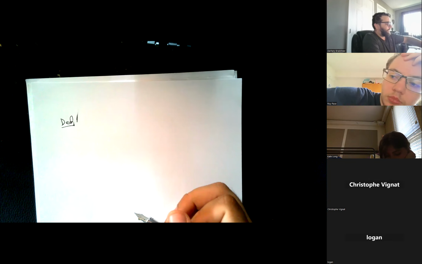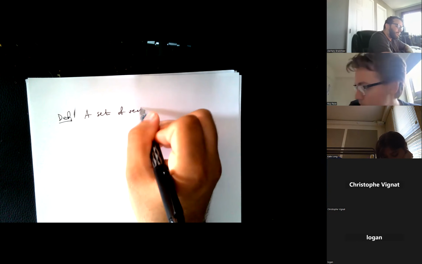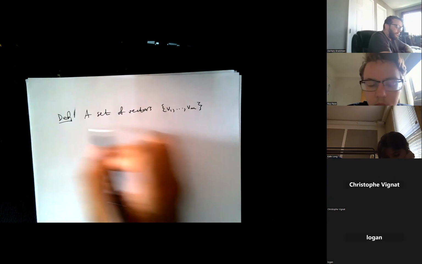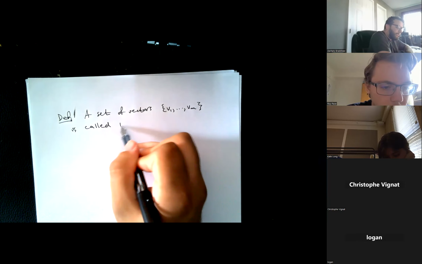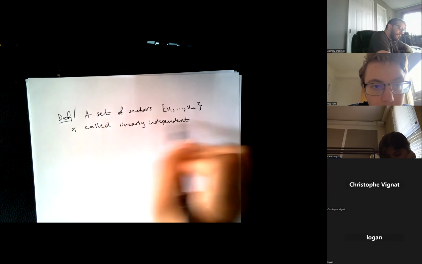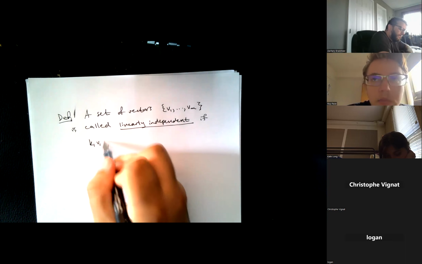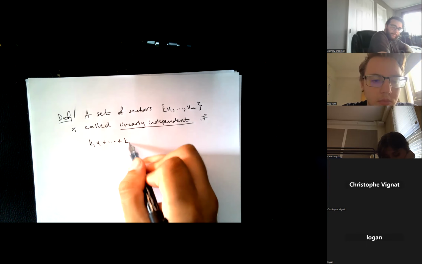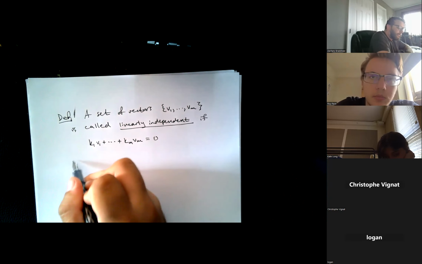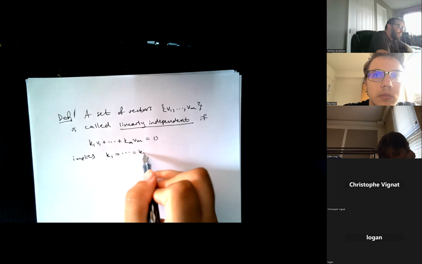Okay, a set of vectors v1 through vm is called linearly independent if k1 v1 plus through km vm, a linear combination of these vectors, whenever it's 0, implies that k1 through km are all 0.